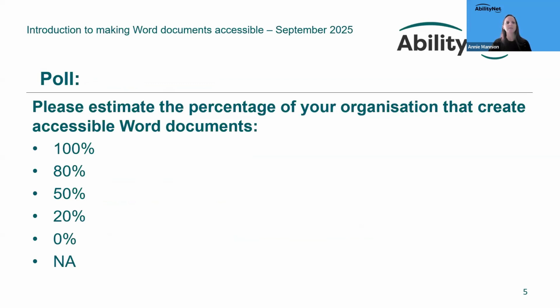So can you tell us if you can estimate the percentage of your organisation that creates accessible Word documents? Is it 100%, 80%, 50%, 20%, 0%, or not applicable? And again, depending on how you've joined the webinar, you may find you can't see the poll, but you can respond in the Q&A panel.